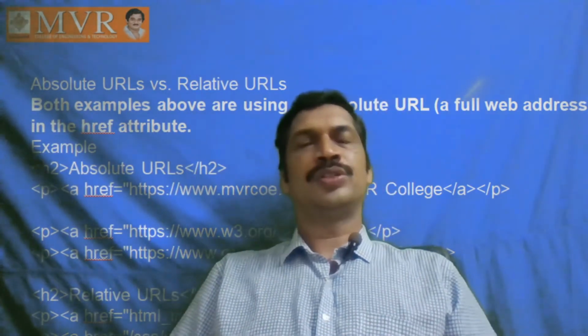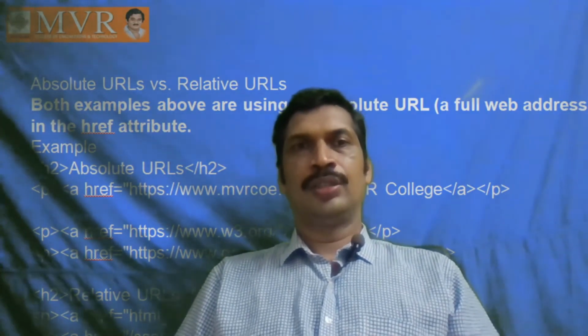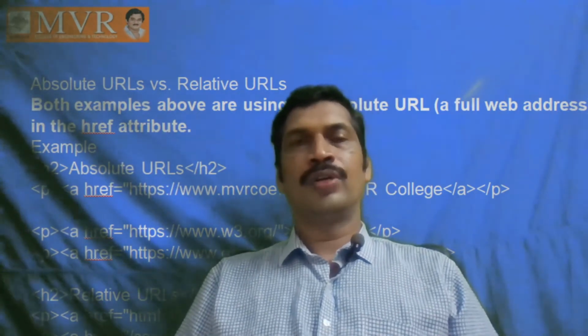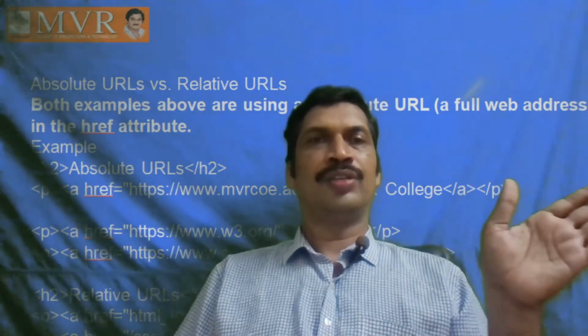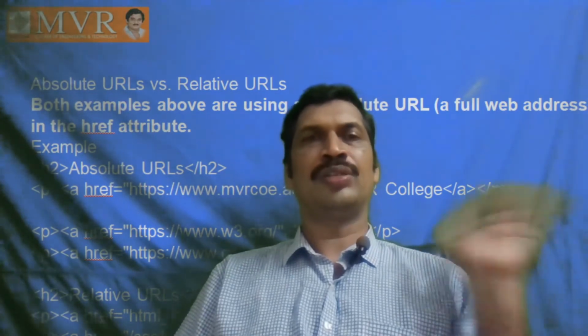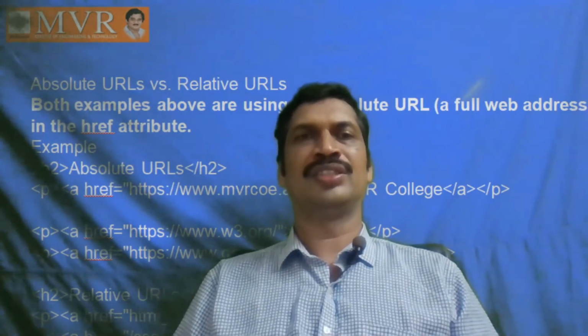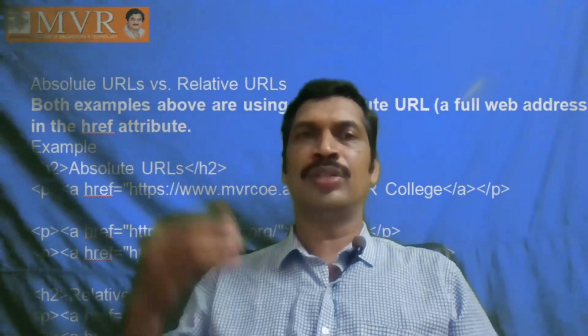Suppose now I am at Ibrahimpatnam. Where is MVR College? I will give a relative path, not an absolute path: go towards Hyderabad, and beside the statue is MVR College. From this location, from Ibrahimpatnam, I give the directions to MVR College. That is a relative path: from the current position, we are giving the path to the target.